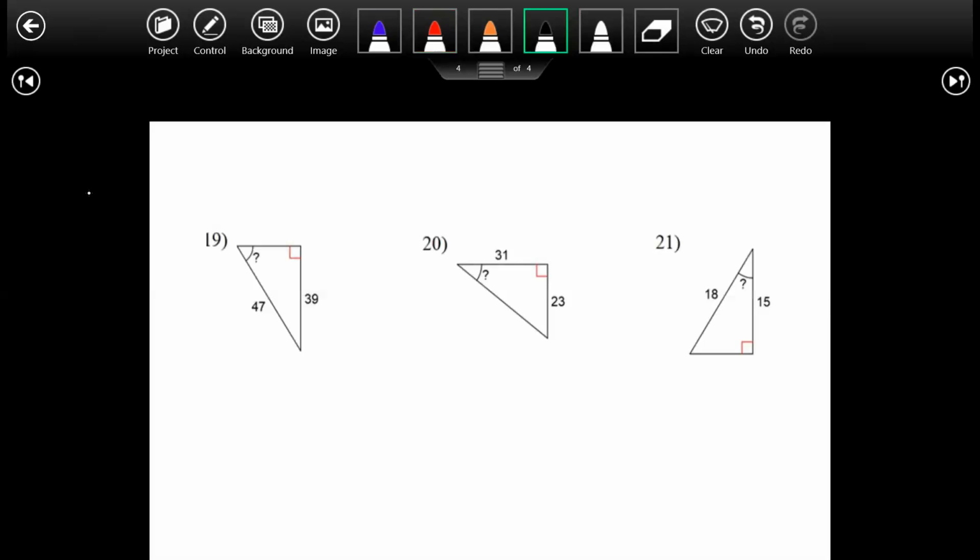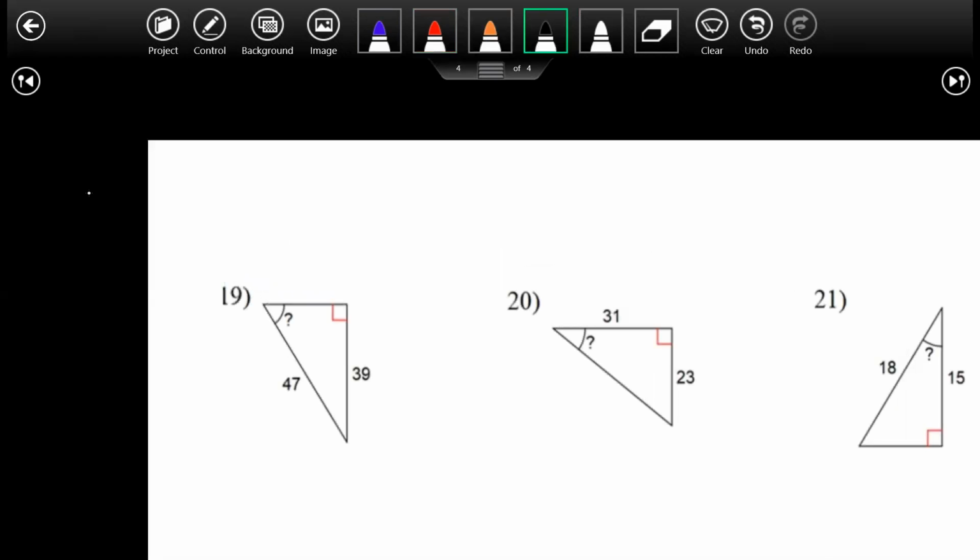This is going backwards. What is the acronym we use? SOHCAHTOA. Write it down 100% of the time.